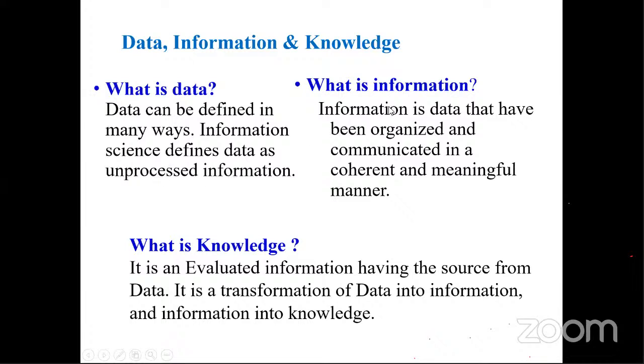What is information then? Information is data that have been organized and communicated in a coherent and meaningful manner. Need to remember why the data is coming into the picture and how we are making the information.